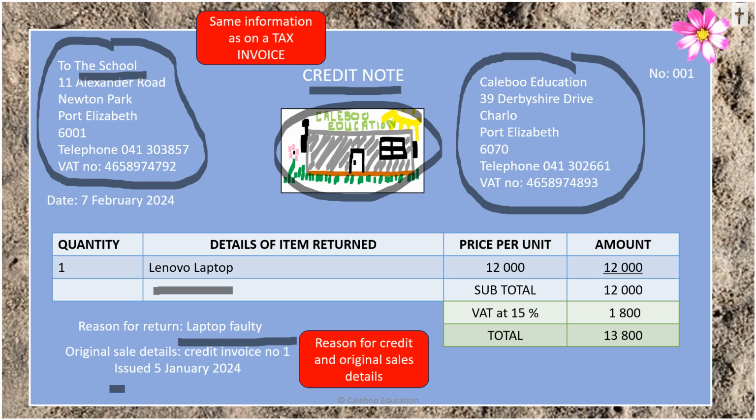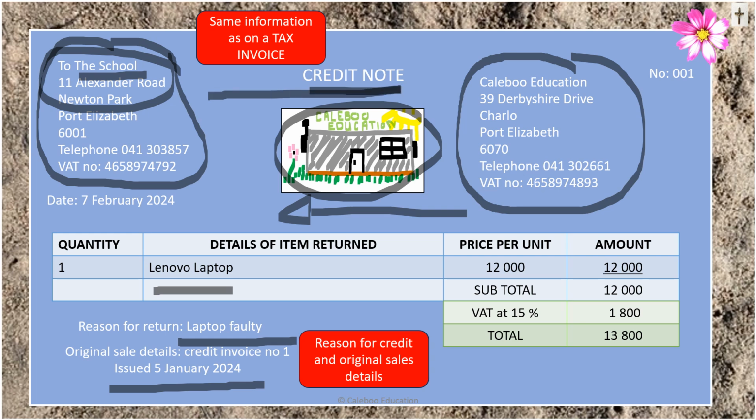And on this document here is the original sale that took place. Remember, Calibre Education sold a laptop to the school. The school's not happy. They're returning the laptop. Calibre Education accepted the claim for goods that didn't comply with the order, the laptop, and issued a credit note.